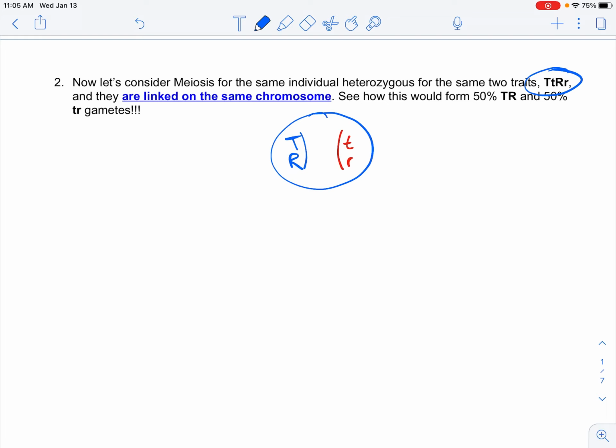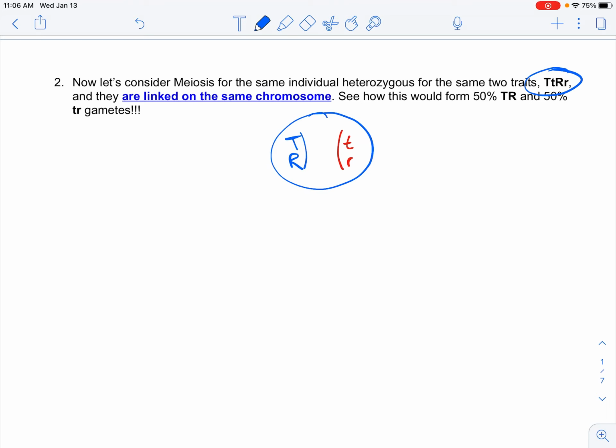And the reason I'm putting the dominant versions on just one and not having it be mixed is because I'm assuming that this was the result of a parent cross where we had all dominant times all recessive. So the little t and the little r would have been inherited together, and the big T and the big R would have been inherited together, right?